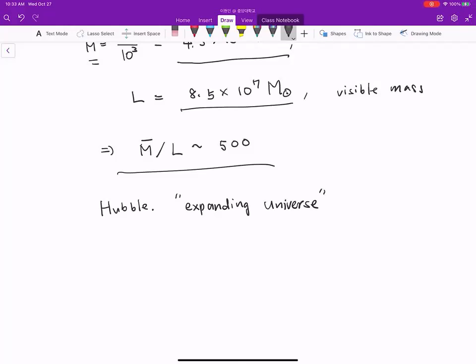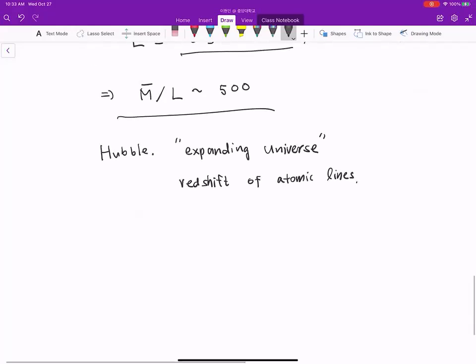He found that the universe is expanding, and in order to determine the distance to the Coma cluster, you are observing atomic lines, called the red shift of the atomic lines. Because of this observation, you can determine the distance to the Coma cluster.